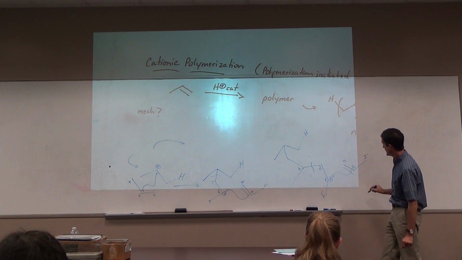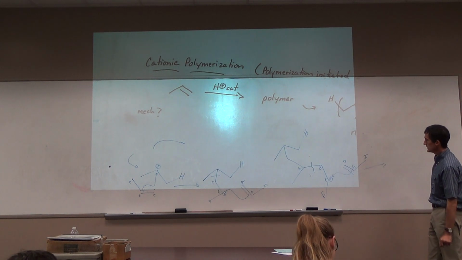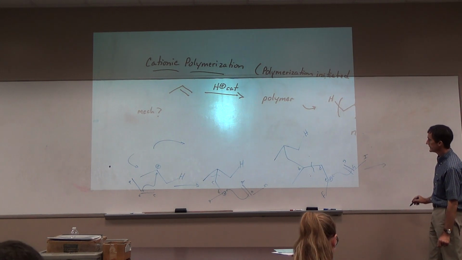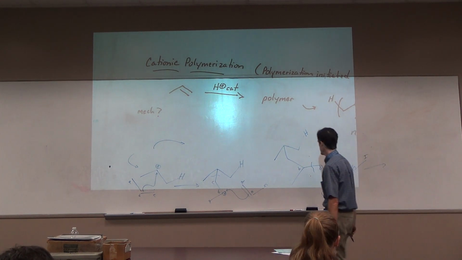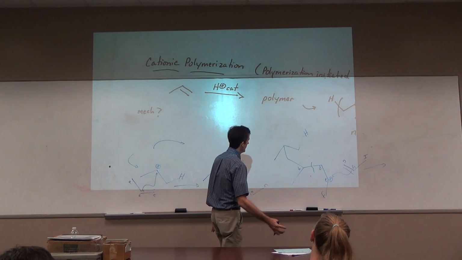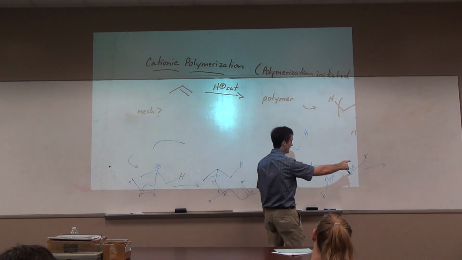Attack here, and we're going to get, I don't think I can draw that. I'm not going to draw it anymore. It's going to be the same thing. Let's see what we have here. Just keep going for another gazillion times.